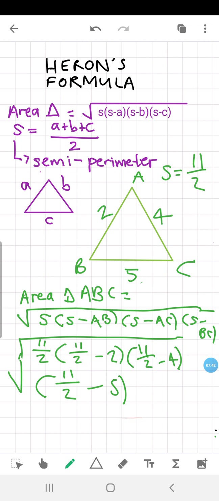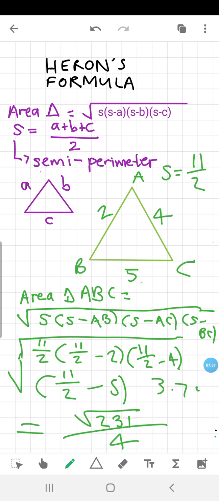Okay, that gives me the square root of 231 over 4. In decimal form, it is 3,799. So rounded off, it's 3,80 units squared.